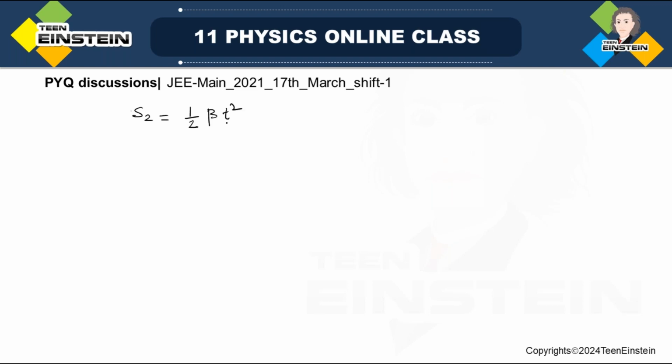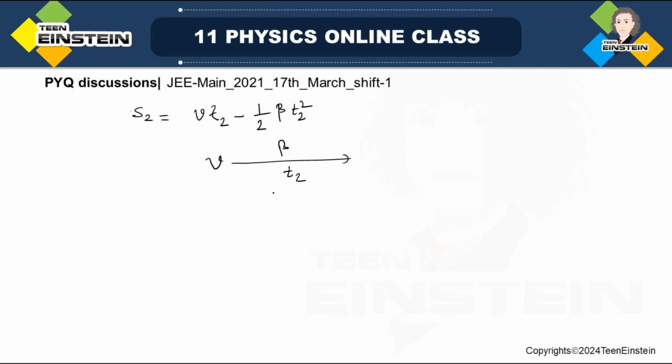But here one thing more, it is actually having initial velocity, so that is v t2 minus half beta t2 square, minus because this is deceleration. Again, what is t2? See, it starts with velocity v and deceleration beta.